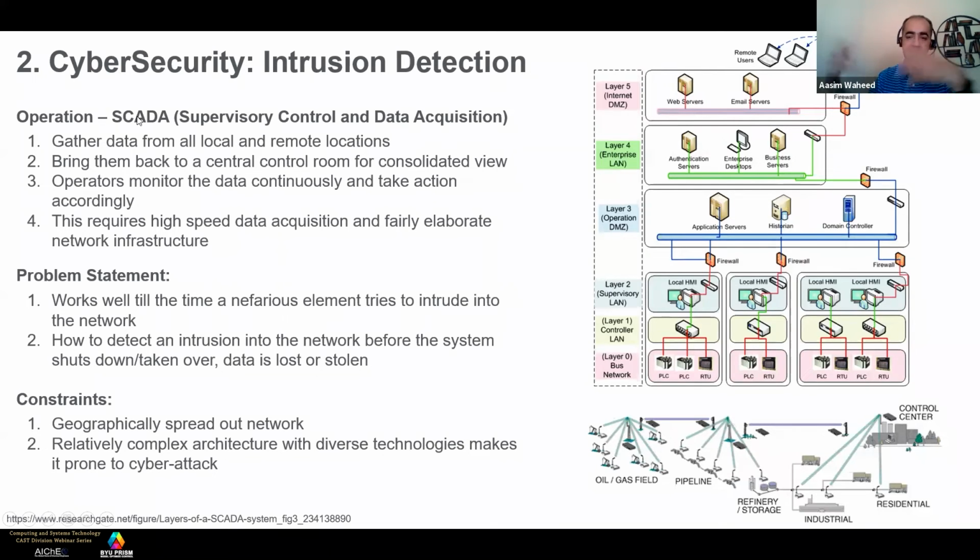It can bring in data from wherever it is, not an issue. The issue these days is that as the data is coming in from all of those different locations, there's a pretty elaborate infrastructure of networks, IT infrastructure, that is required to pull that data in at fairly decent bandwidth and data update rates and bring it back into a central location where somebody can actually look at the whole facility or the whole structure, infrastructure along the pipeline and any facilities.